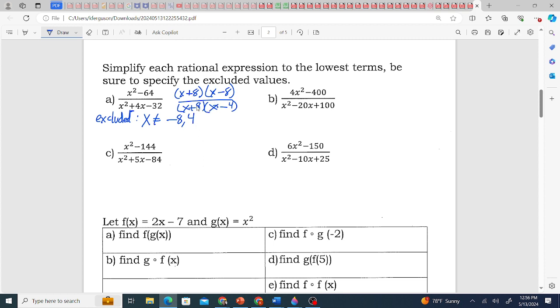And then I can finally reduce. Brute force, because this is plus in the middle and this is minus, so I know my signs are different. The biggest number gets that sign.